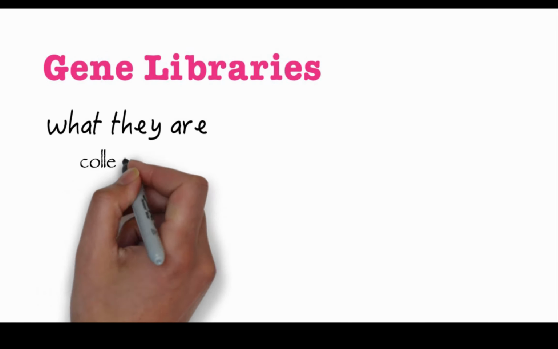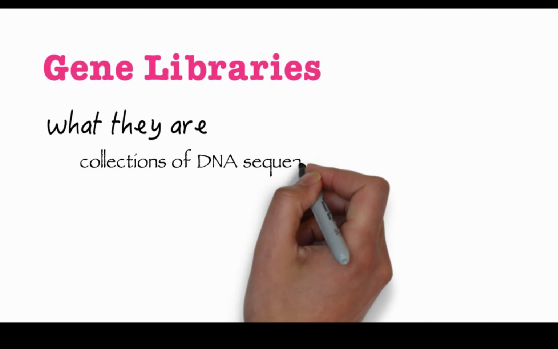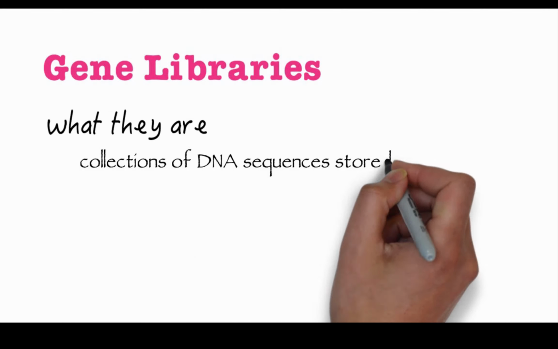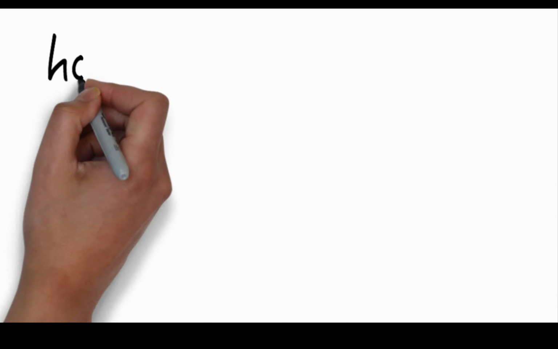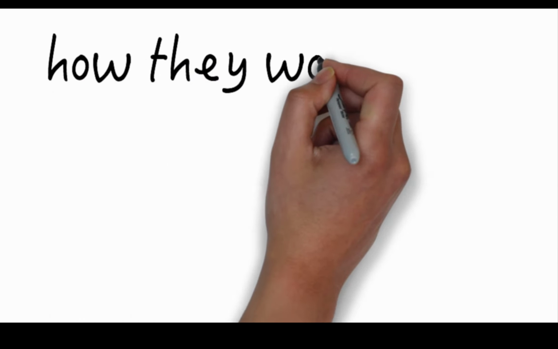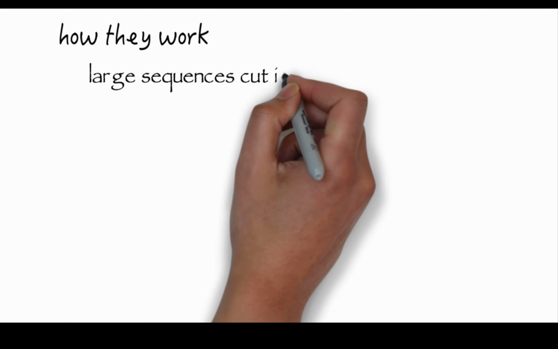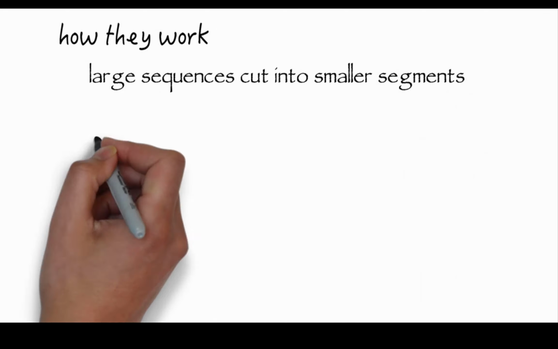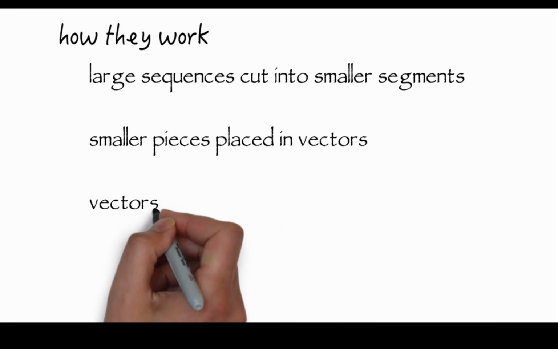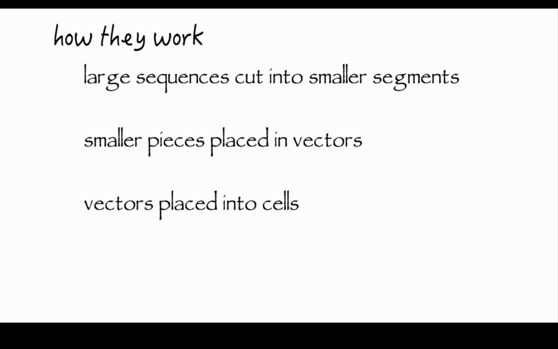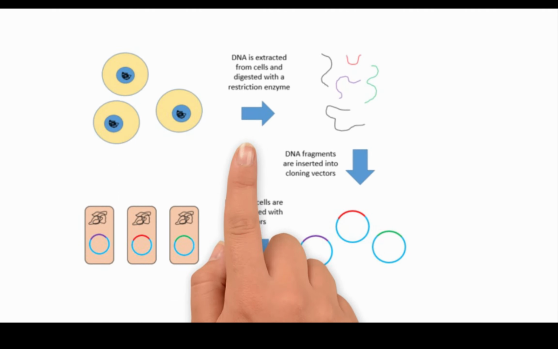These are gene collections stored in vectors. Here's how they work. The large sequences are cut into smaller segments. These smaller pieces are placed into vectors, and then the vectors are placed into cells. We then have these genes stored in the vectors. Here's a graphic illustrating the process.